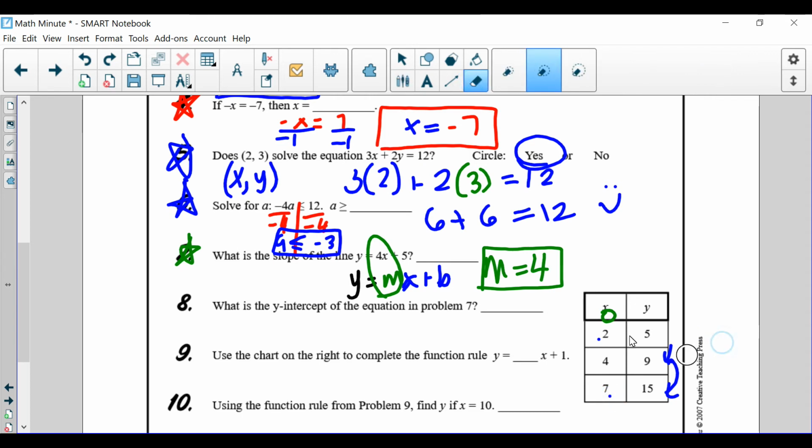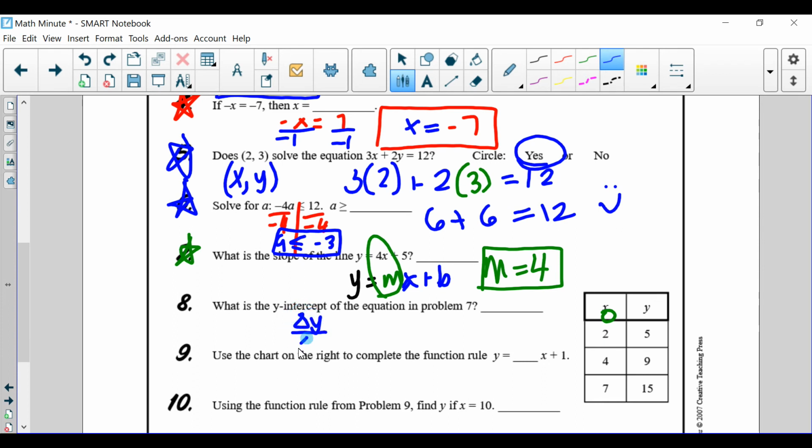So what I would suggest is to find the change in y over the change in x. Change in y over change in x means the slope. We look here and go, okay, that's a change of 4, and that's a change of 2.